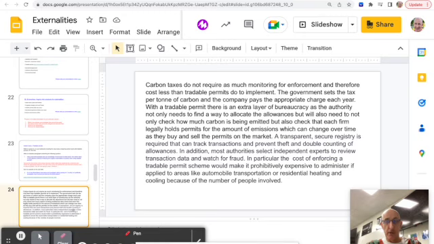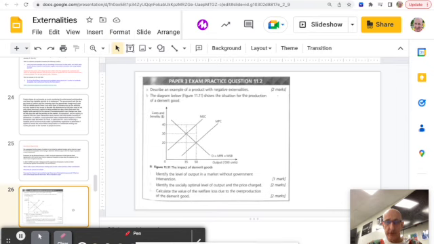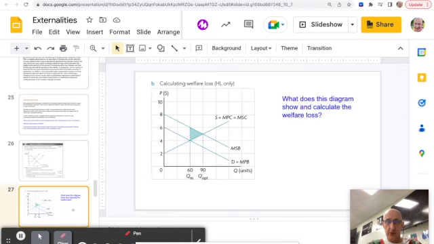So there's a market for these permits that exist in both Europe and in North America. They run those systems. The various COP meetings are international agreements to try and cut environmental pollution.